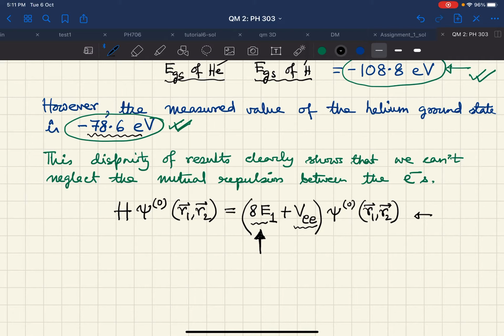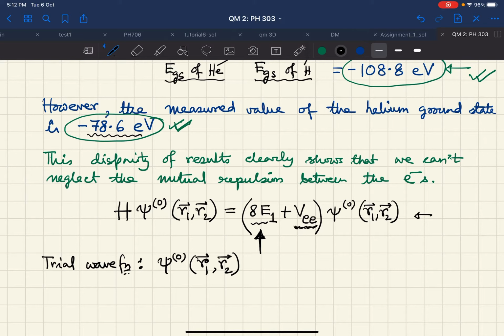Now, in writing this, we have chosen the trial wave function as the one which is psi 0 r1 r2, the same one that we have used when we neglected this VEE term.